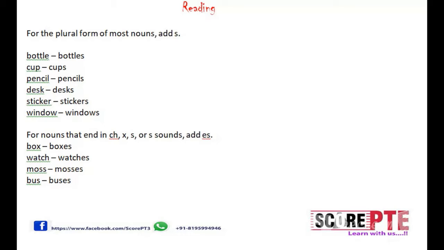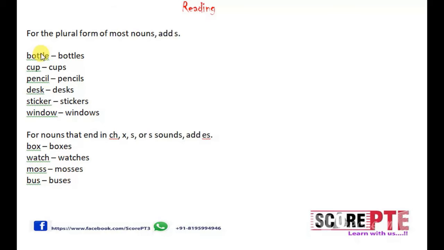So moving to the grammar section. In the grammar section, you have to start with your singular and plural tasks. Singular plural means one to more items, like bottle to bottles, cup to cups, pencil to pencils.